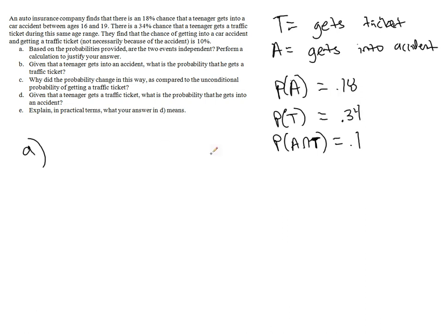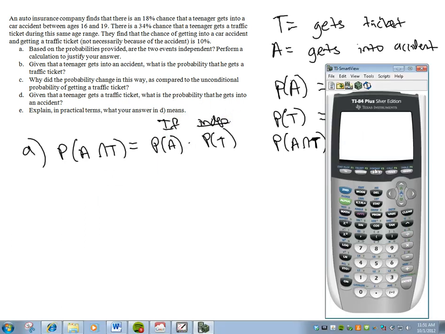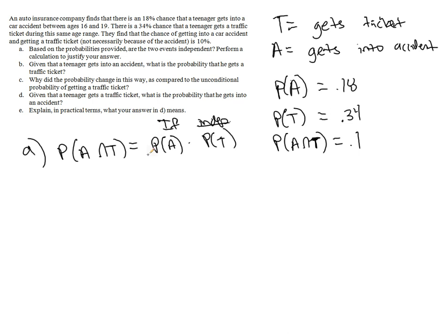In order for these to be independent, the probability of A and T should equal the probability of A times the probability of T, if independent. That's a big if. If we find this product, 0.18 times 0.34, we get 0.0612.